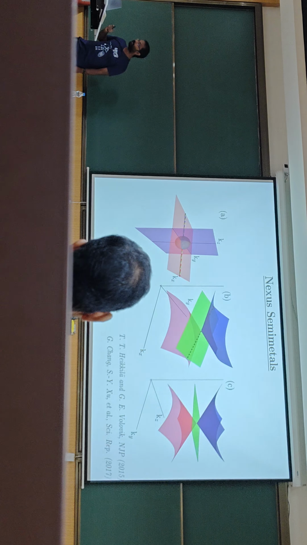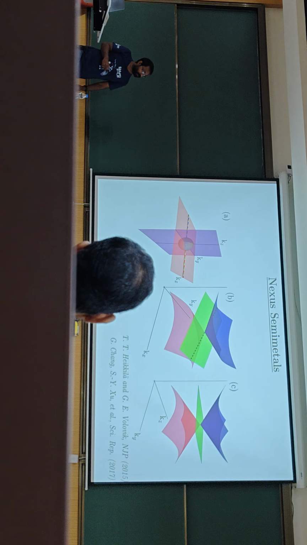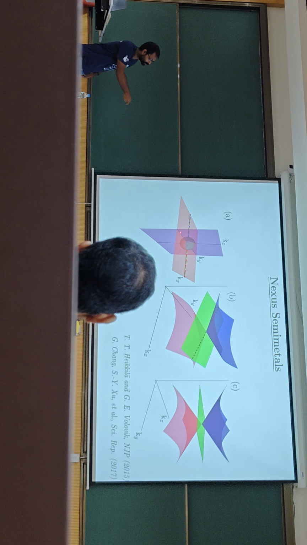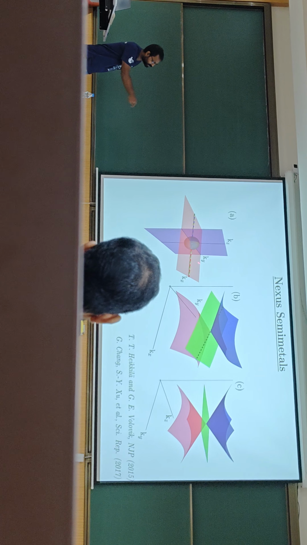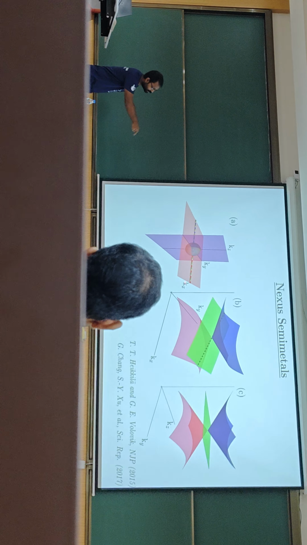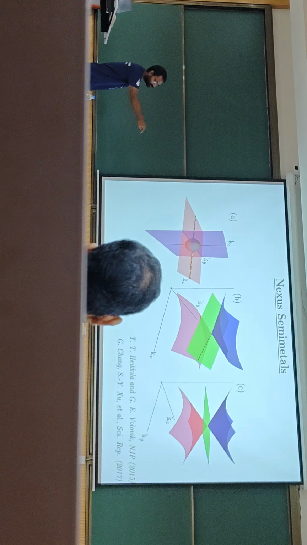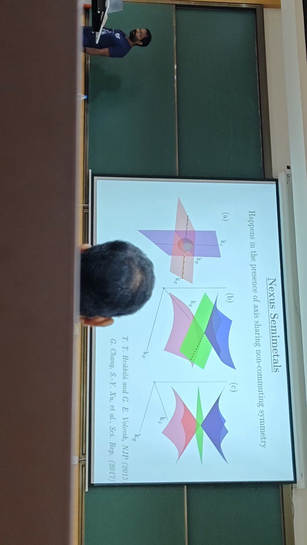But the nexus is very different. This is the picture: this is the line where it is degenerate. B is this horizontal curve, C is the vertical curve. And this happens because of what are called non-commuting symmetries.